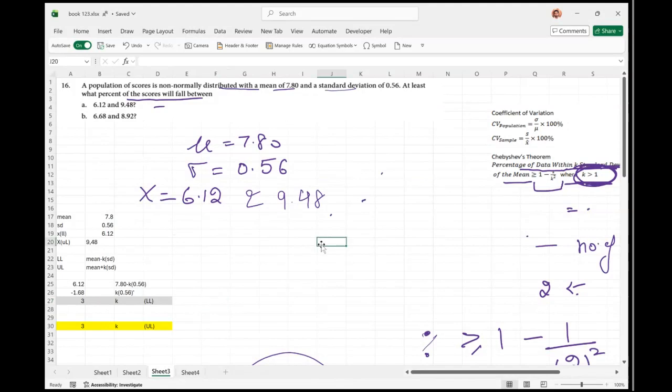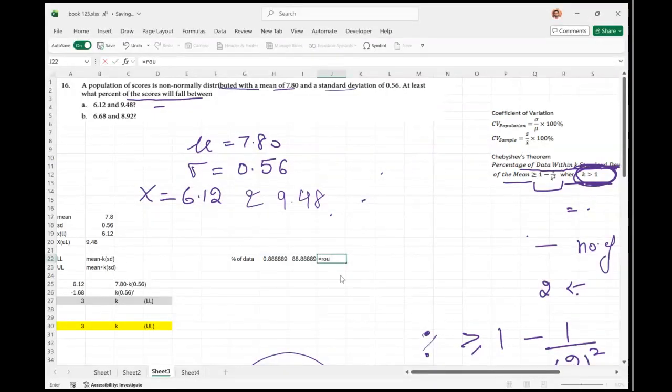Now let's find out what percent of the data. So 1 minus 1 divided by 3 squared, 3 to the power of 2, close the bracket, which is 0.88. The percentage of data is this times 100, so 88.89%.